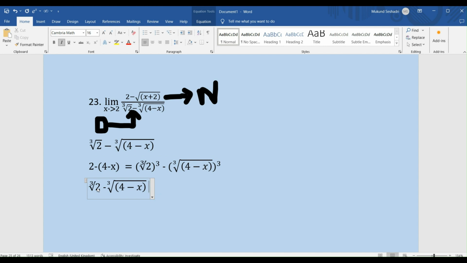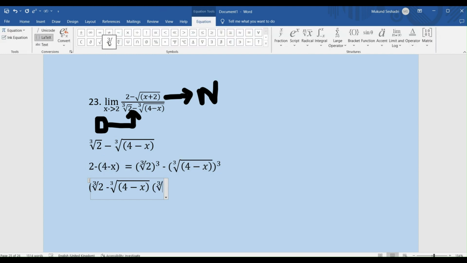So this is my a minus b, into a square. So what is my a square? My a is cube root of 2. So my a square is my cube root of 2 whole square, right?